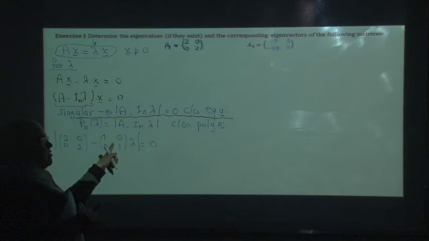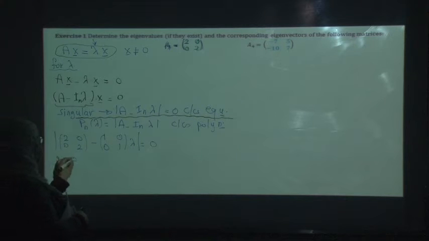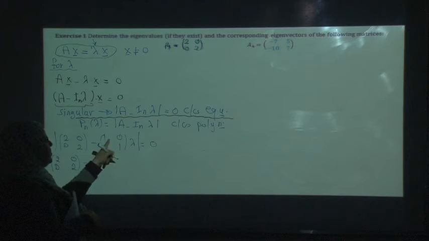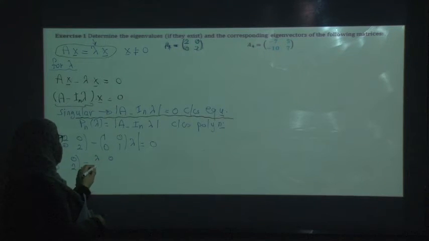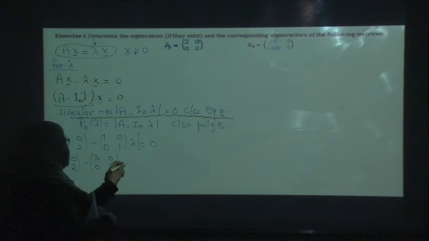Let's apply this scalar multiplication. So we have 2, 0, 0, 2. This identity, after multiplying it with lambda, is going to be lambda, 0, 0, lambda, by scalar multiplication. Let's do this subtraction.